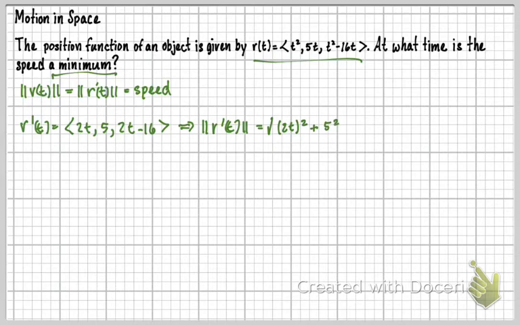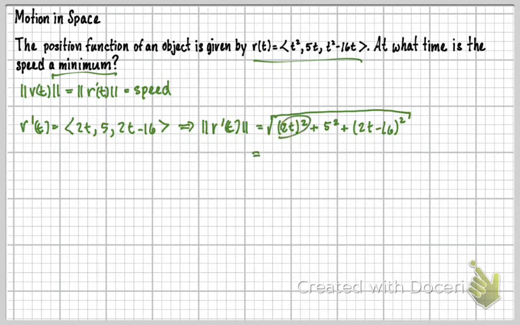And like I said, try to remember not these formulas, but these computations here. Plus, and now this is where it gets fun, (2t − 16) squared, and then it's all the square root of. Now we're just going to simplify this thing the best we can.